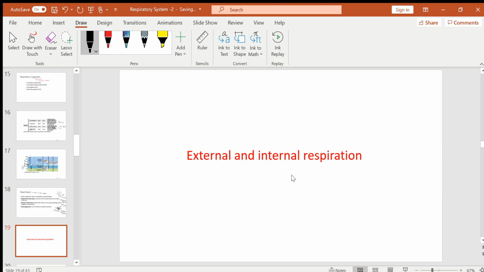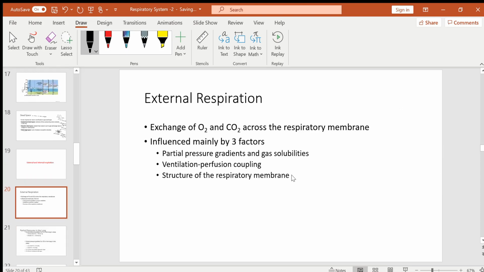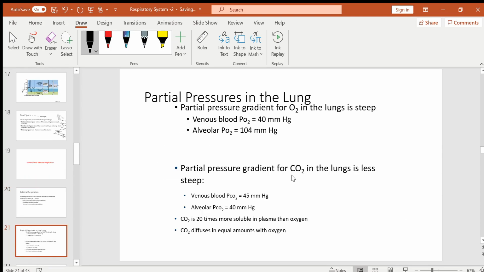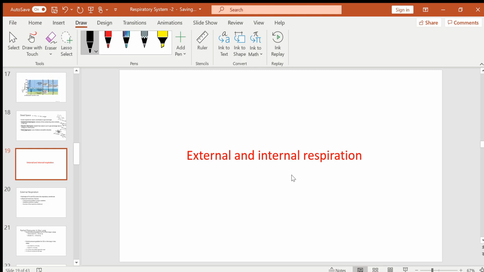Exchange of gas in the lung and exchange of gas in the tissue. You must remember the gas exchange in the lung is called the external respiration, and gas exchange in the tissue is called the internal respiration. What happens in external respiration inside the lung? The alveolus. So this is the alveolus, and you know that capillary is on the alveolus. So this is the capillary.